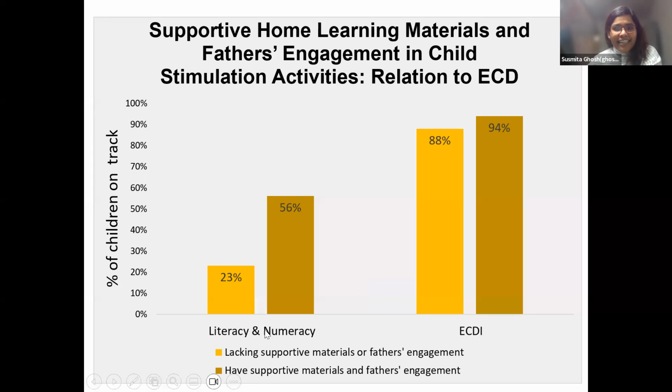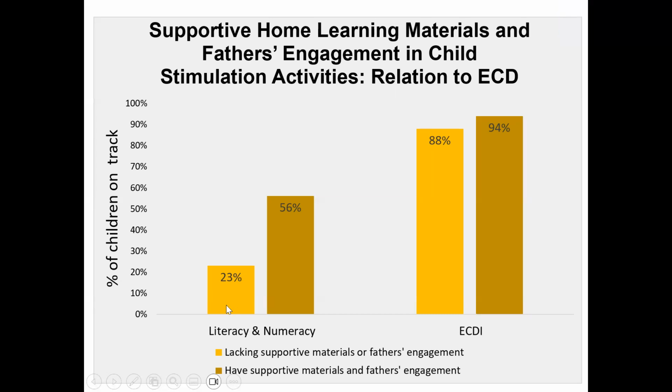So we can see that if the child's father is engaged in the child stimulation activities and the child also has supportive learning materials like toys or children's books, they are more likely to be developmentally on track for literacy and numeracy, compared to the children who didn't have supporting materials or whose fathers were not engaged in the stimulation activities.